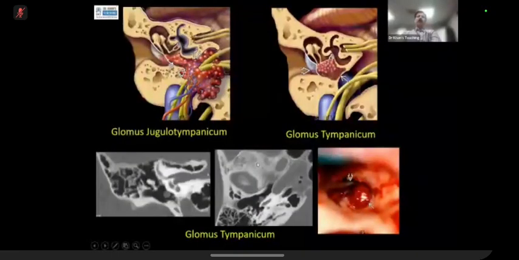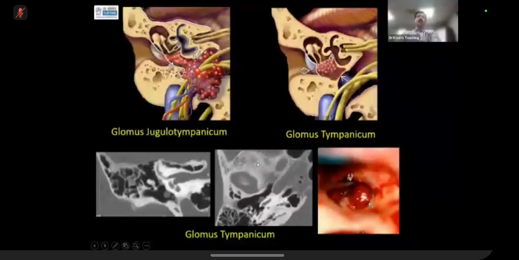Just like I was giving you the example of cholesteatoma versus epidermoid: when it is in the intracranial cavity or the calvarium, we call it epidermoid, and in the temporal bone, we call it cholesteatoma. Similarly, in head and neck, we call it a glomus tumor, and in the adrenal, we call it a pheochromocytoma.